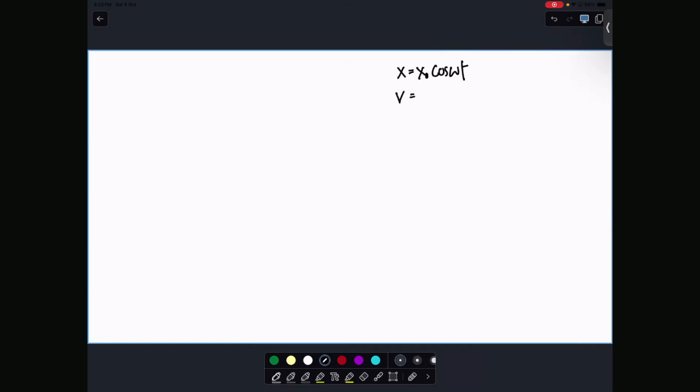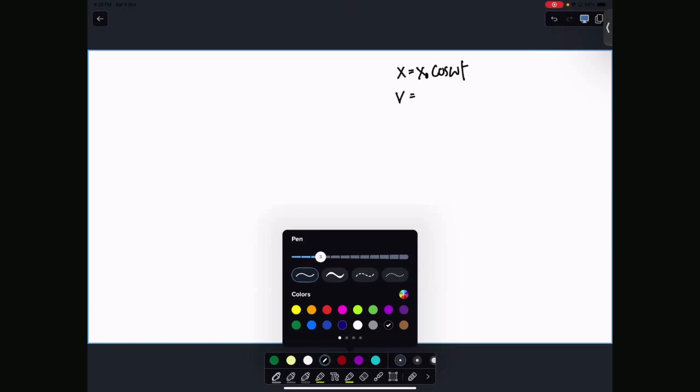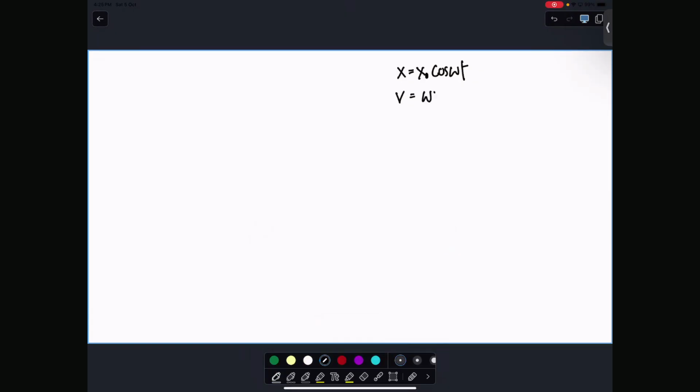You differentiate this, so that will be omega x naught sine omega t, but with a minus at the start. And then acceleration is going to be minus omega squared x naught cos omega t. And this cos omega t part is x. So therefore you get a equals minus omega squared x.